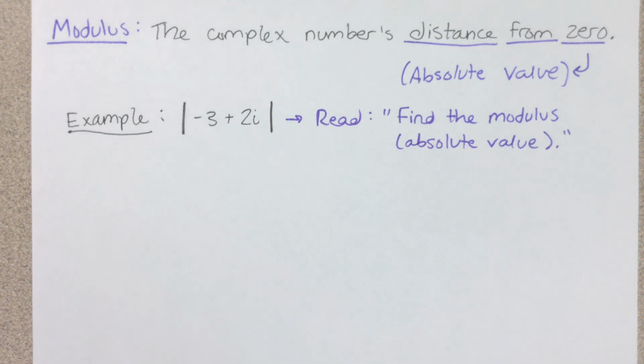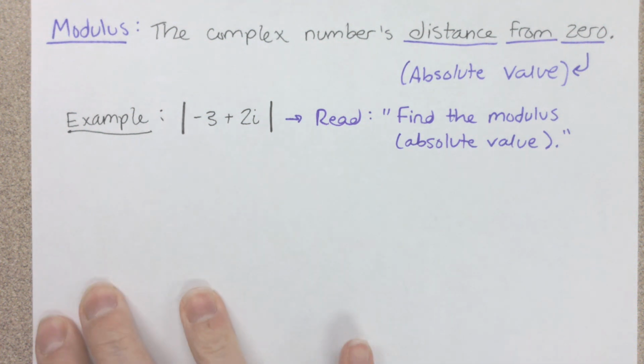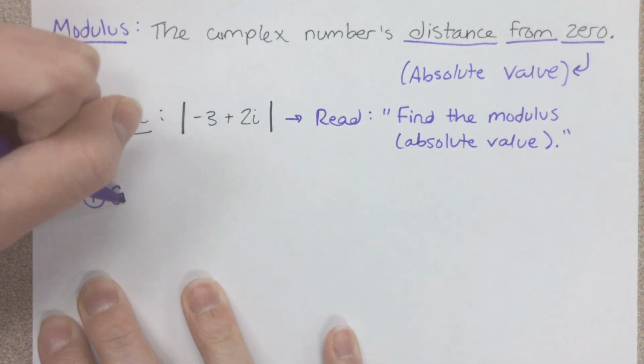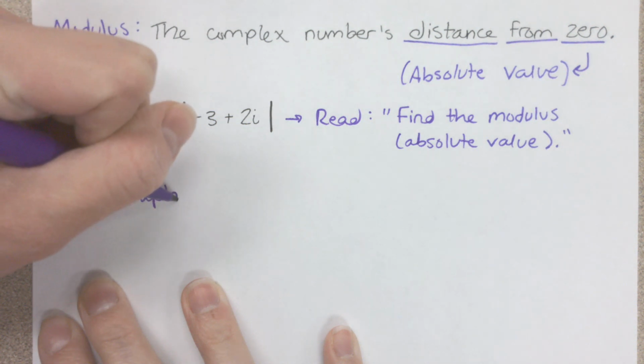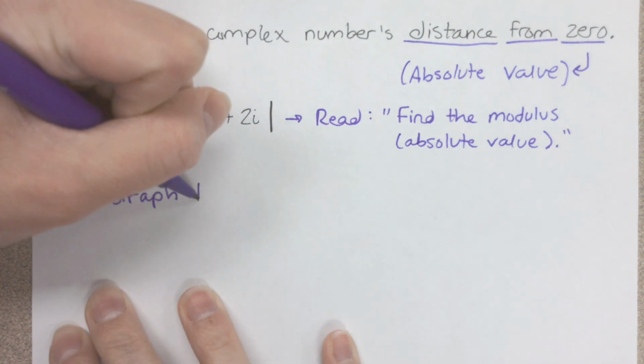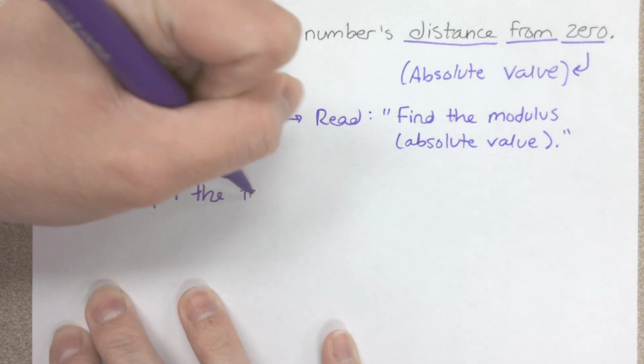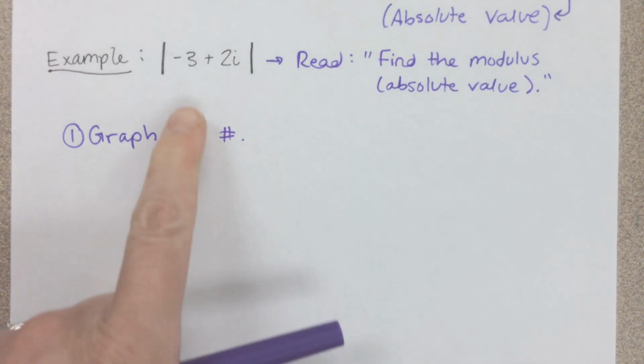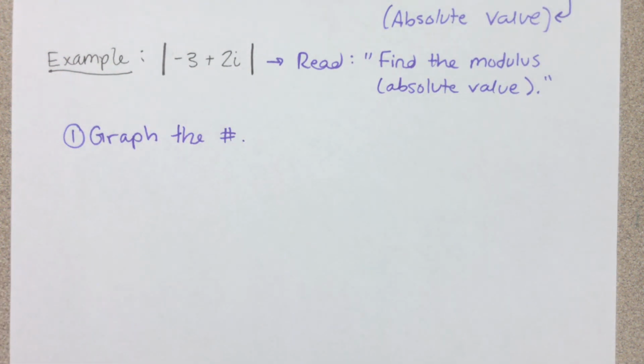This is a 3-step process. I'll write out the steps as I go. First thing I'll do is graph. Graph the number, so just like I showed you. And this number is -3, 2, so we don't need a big plane.